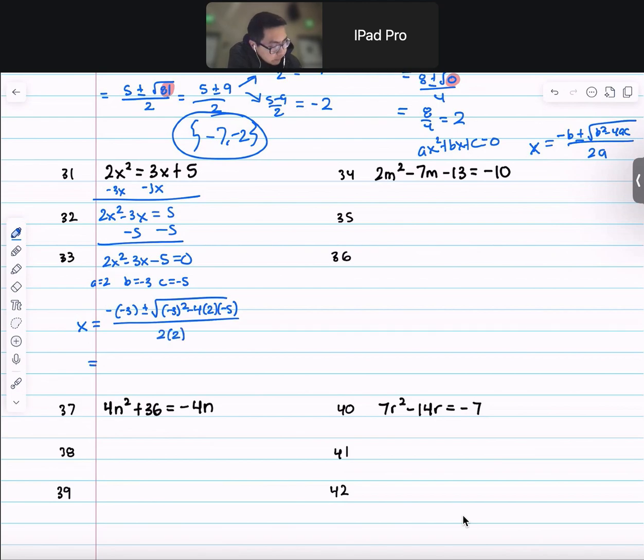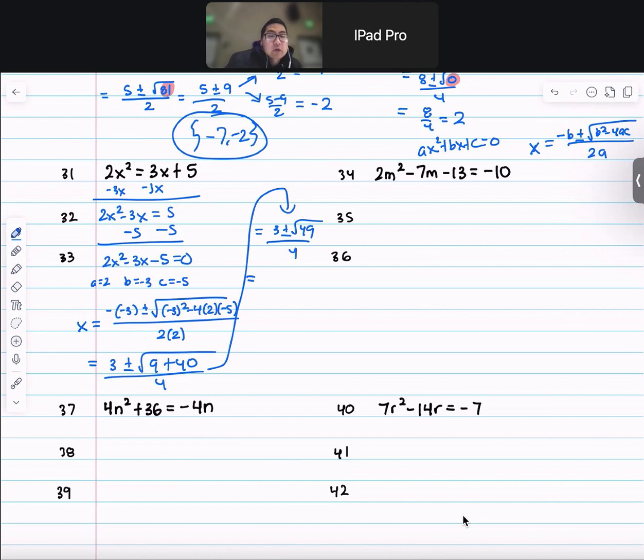Negative of negative 3 is 3. Plus and minus negative 3 squared is 9. Negative 4 times 2 times negative 5 is positive 40, all over 4. So we simplify: 3 plus and minus 9 plus 40 is 49 over 4.